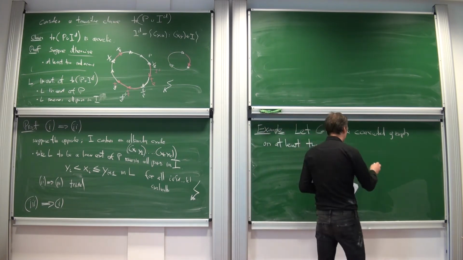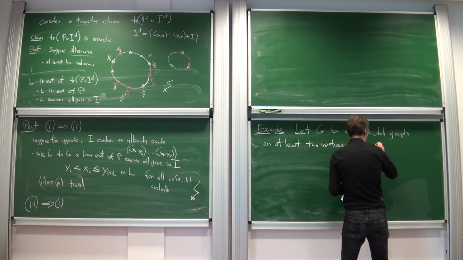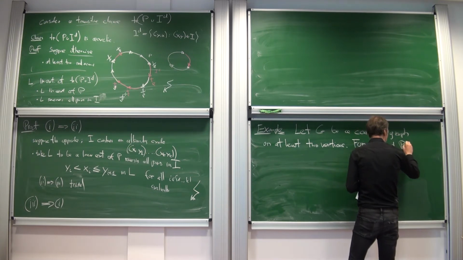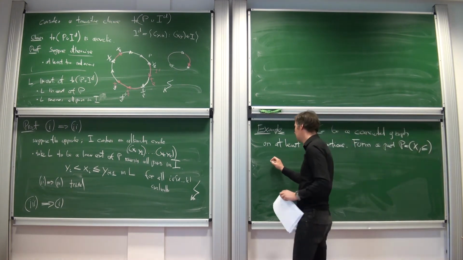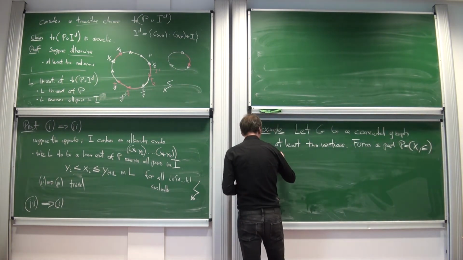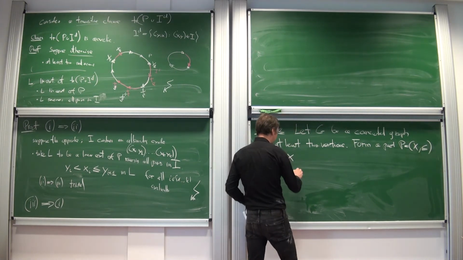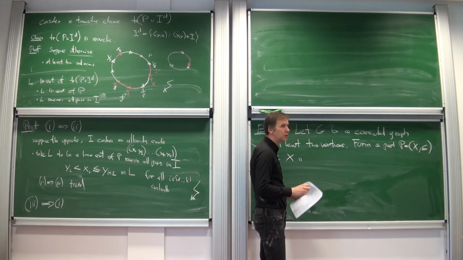Now we will discuss a poset. So we are forming the poset P where X is the base of the poset, which is just the set of all connected induced subgraphs of G.